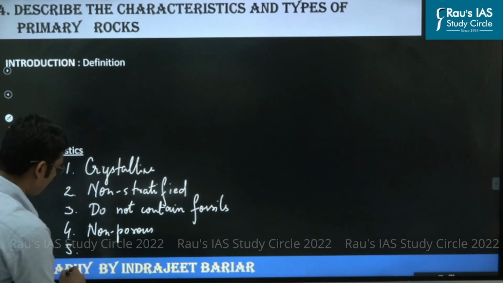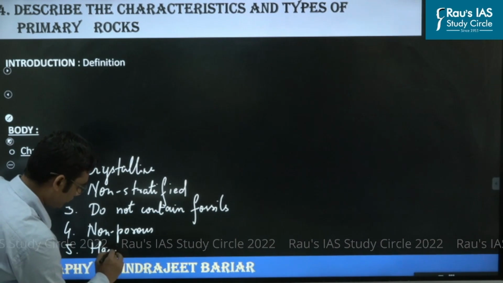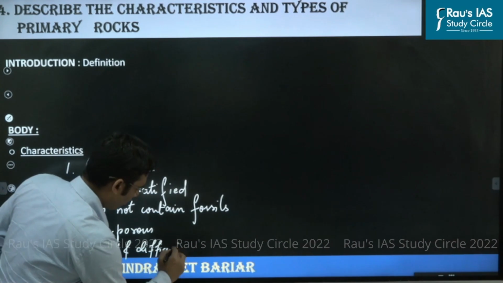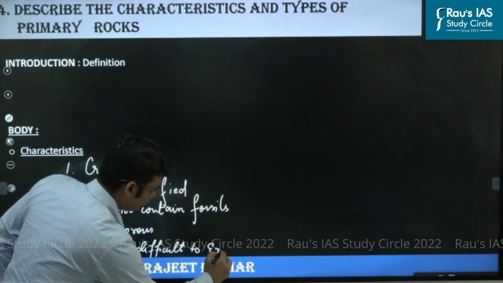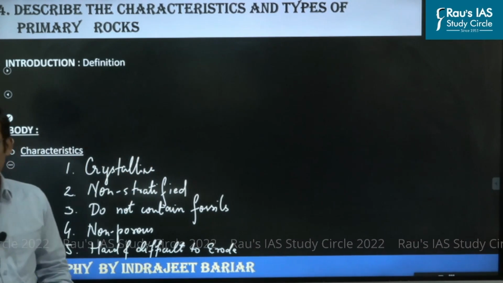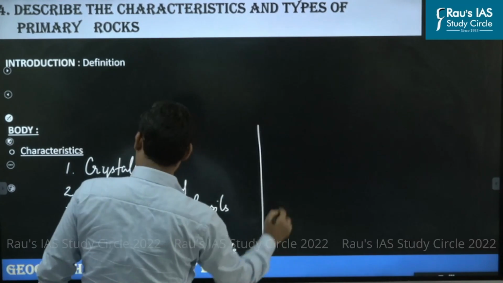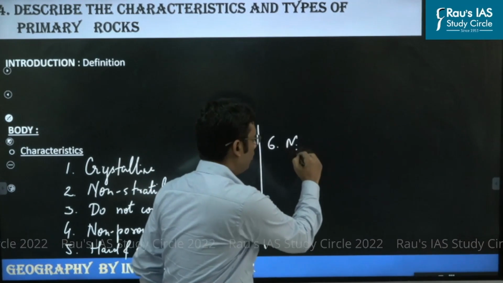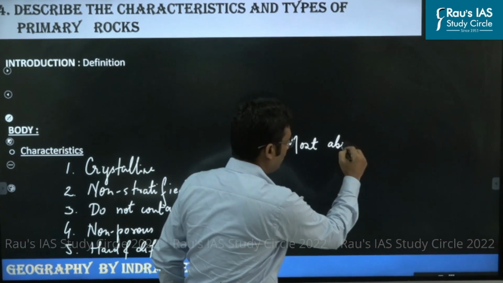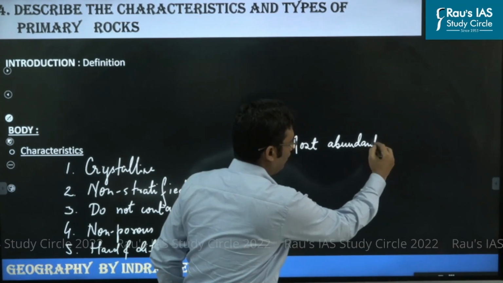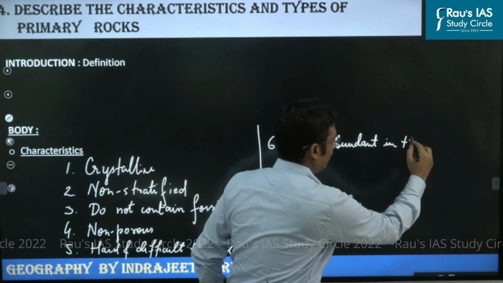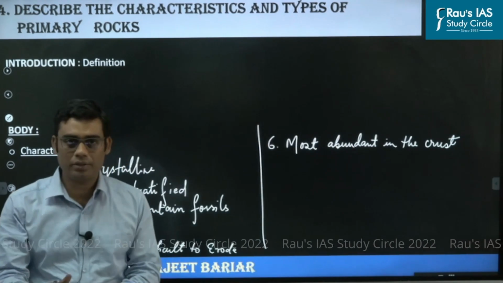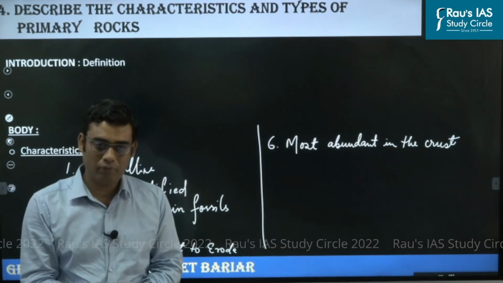Then hard and difficult to erode. And lastly, so 5 characteristics over here, the 6th characteristic, that these are the most abundant rocks in the crust. So these are the basic characteristics of these rocks which can be identified.